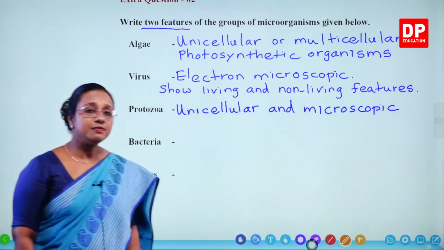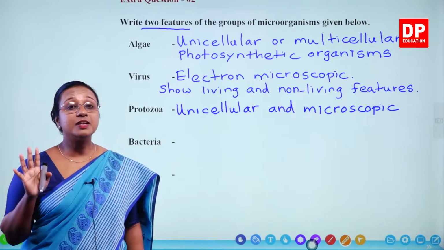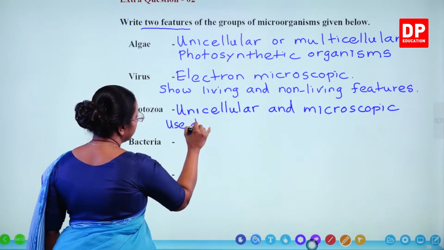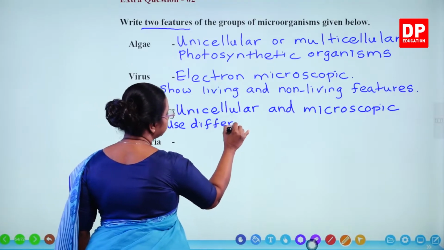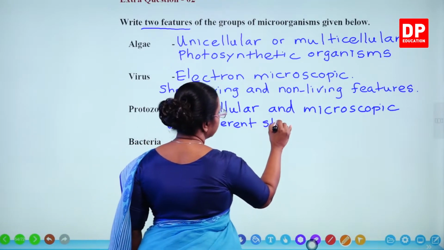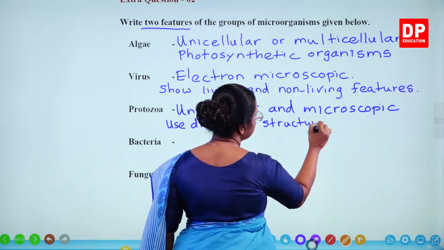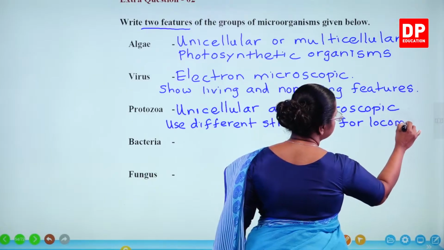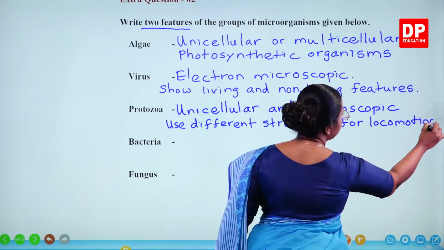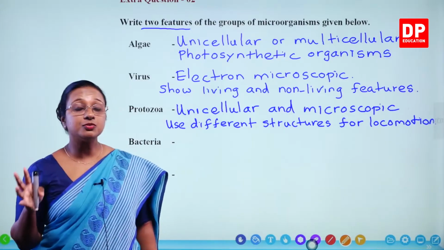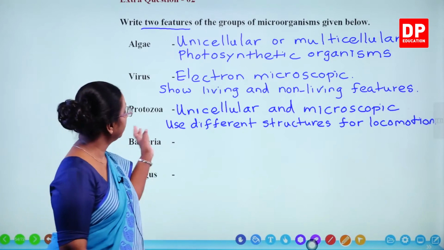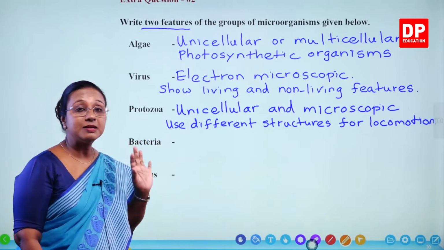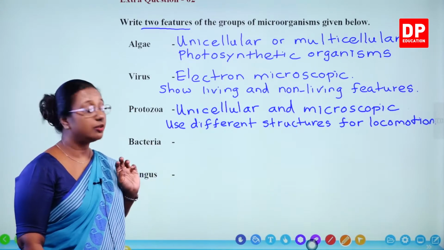Another special feature, they use different structures for locomotion. What are those structures? Cilia, pseudopodia, flagella. You can write those as well if you like. As I said, I am writing the main point only in a very short form.